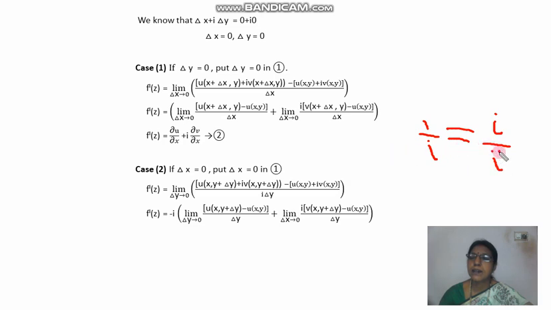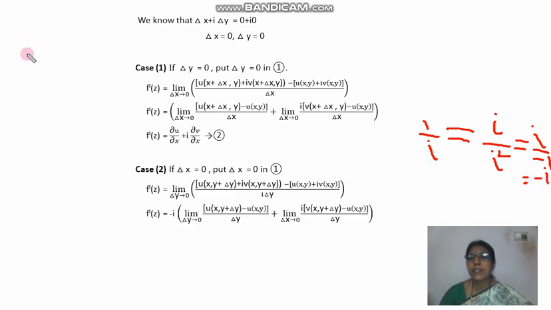i into i square. What is i square? I think all of you know i square is minus 1. Now this is i by minus 1. i by minus 1 means it is nothing but minus i. You remember this, always 1 by i is equal to minus i.